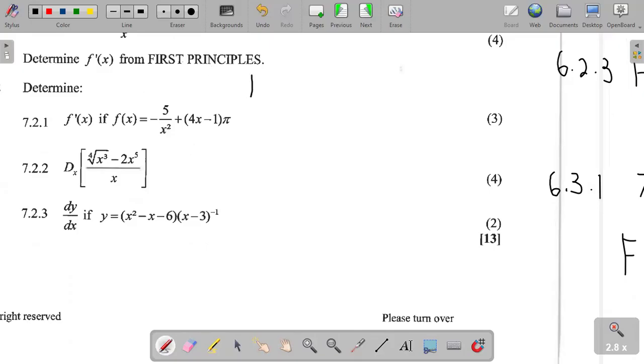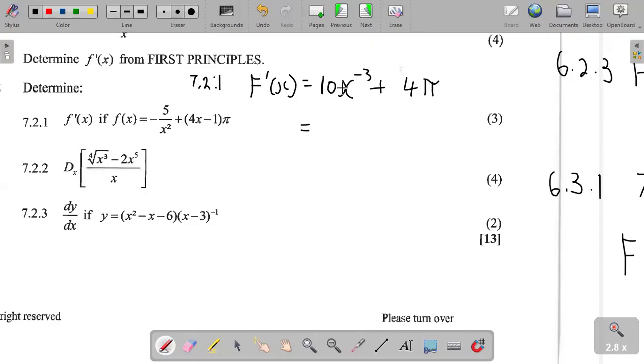F prime of x for 7.2.1, f prime of x is going to be 10, and then x to the negative 3 plus 4 pi, okay?